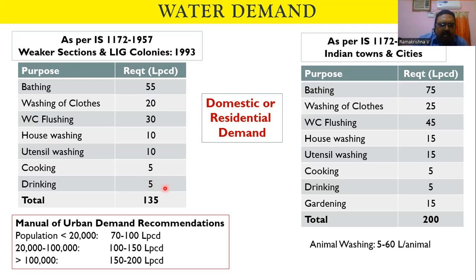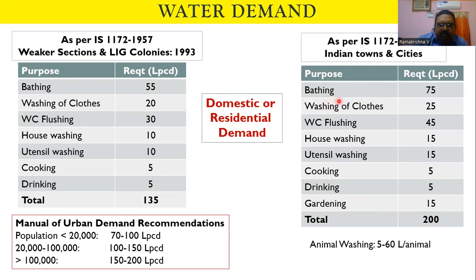Later on, the utilities increased and the lifestyles have changed. It was revised in 1993, and then this was again categorized by adding gardening for 15 liters per capita per day, making a total of 200.